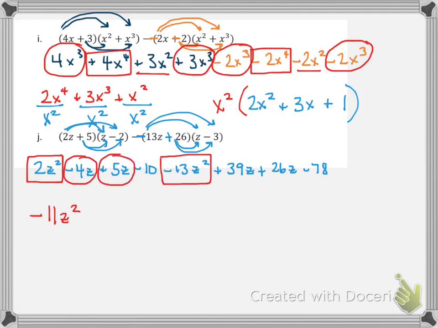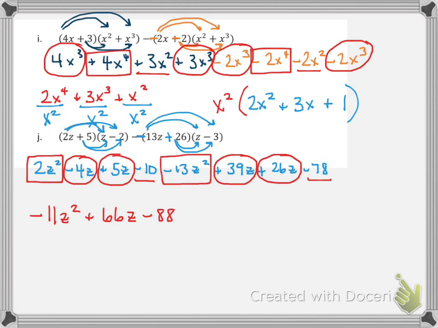That's a positive 1. Plus 39z, so that's up to 40. And then another positive 26, so that's 66z. Positive 66z. And then for the constants, I see a negative 10 and a negative 78. That's a negative 88.